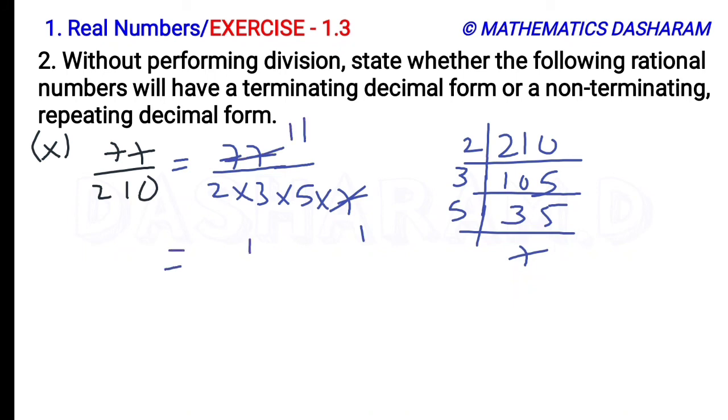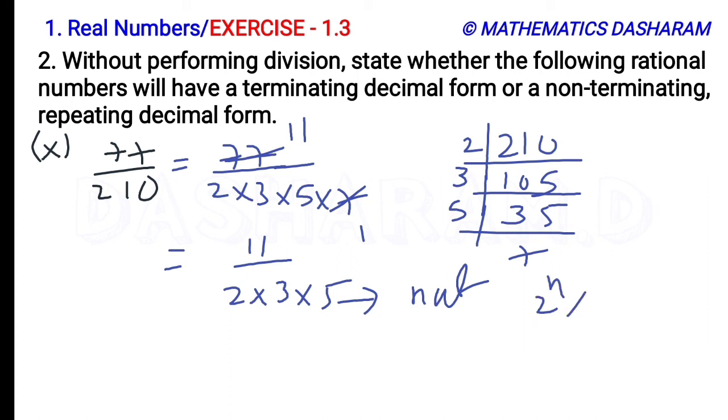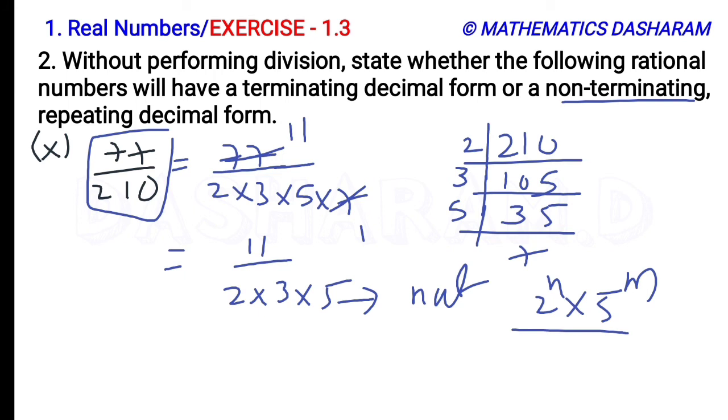So 11 divided by 2 into 3 into 5. Still the denominator is not in the form of 2 to the power of n into 5 to the power of m. Even though we divide the numerator by 7, we do not get 2 to the power of n into 5 to the power of m. So 77 by 210 is a non-terminating repeating decimal.